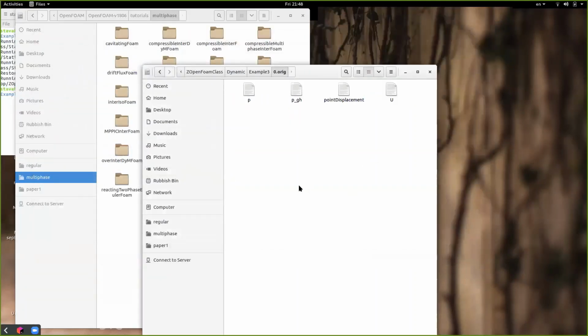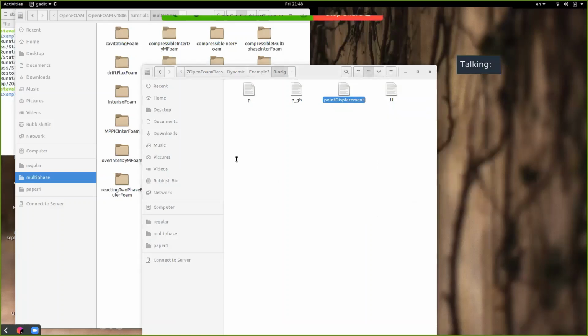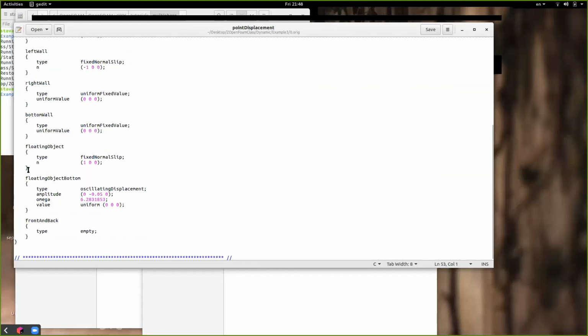And when we come to the initial condition, to the zero folder, what we can see here is that there is another file here, the pointDisplacement. So we've got the pressure and the velocity, which are going to be the same thing. We'll talk about the velocity later. Just for the case of the point displacement, as you see, we have the floating object.